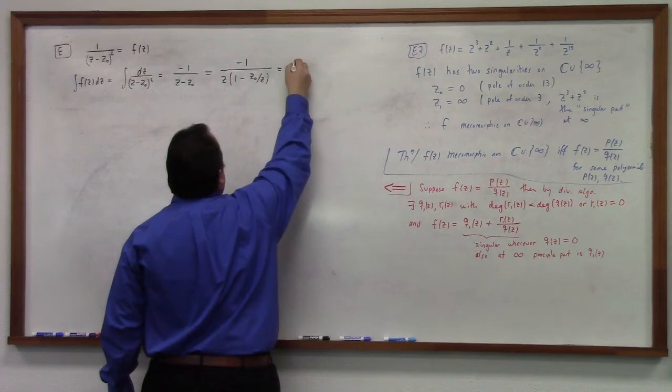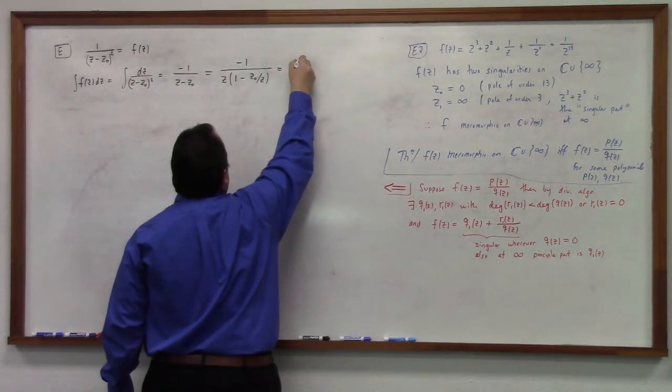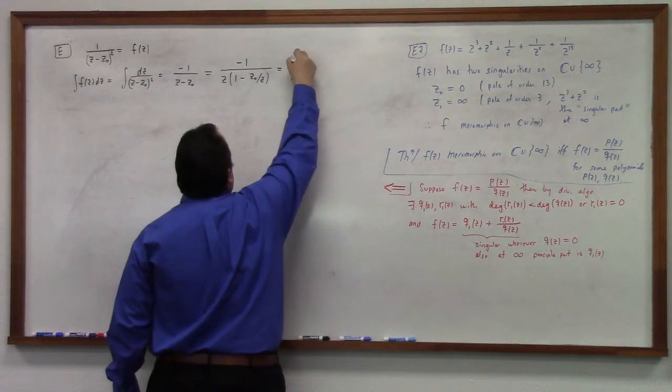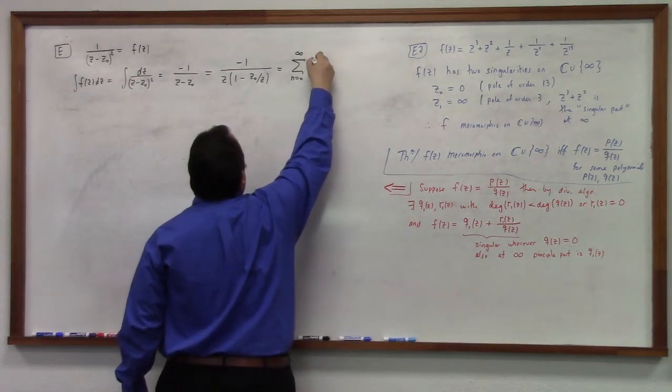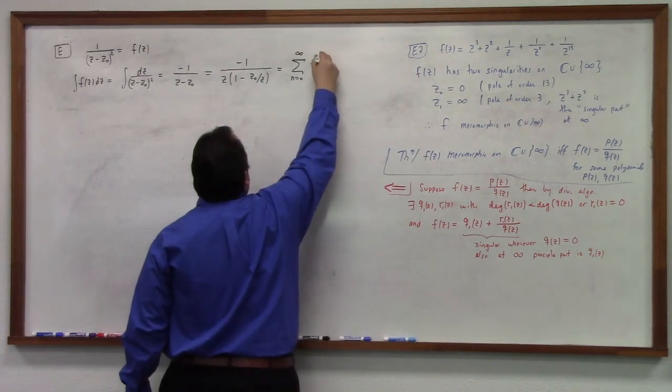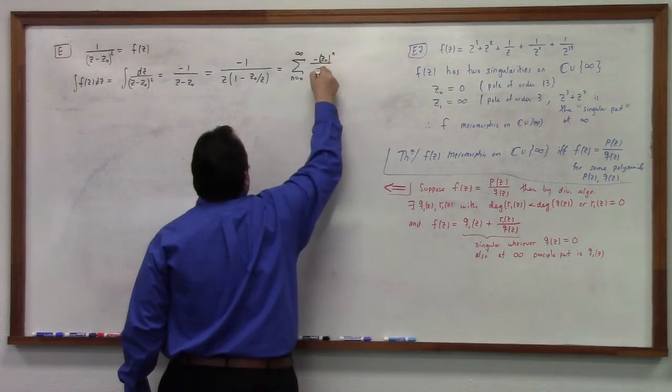So this is the sum, n equals 0 to infinity of minus 1 over, well, let's say minus z naught to the power n, over z to the n plus 1.